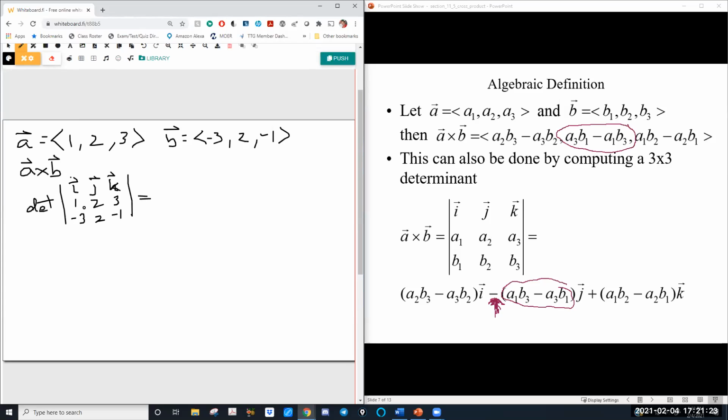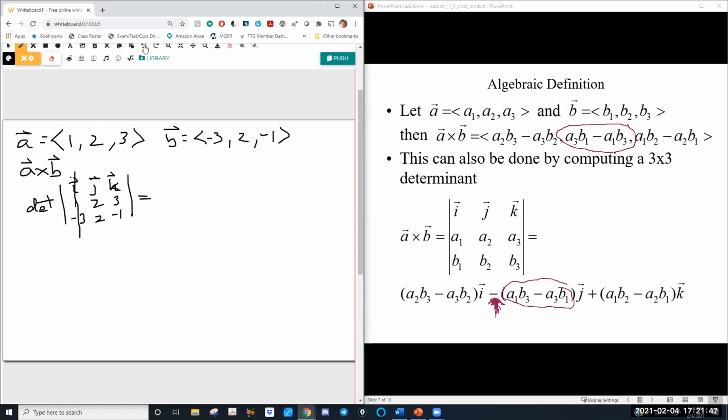So what we do is turn it into the determinant of a bunch of 2 by 2 matrices. We look at this first I, and we're going to cancel out that row and that column, and that's going to be the 2 by 2 matrix that gets multiplied by I.